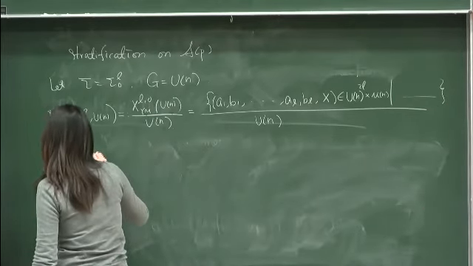Together with the relation that the product equals the exponential of x, our x turns out to be in this particular form.